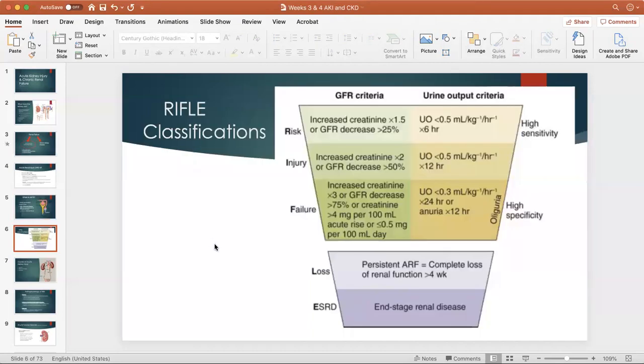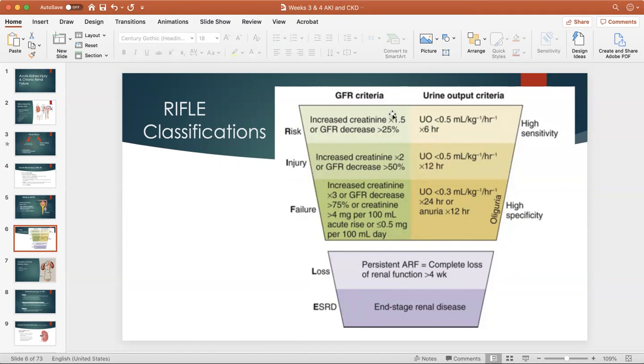The last slide I wanted to show you in this video is just this quick RIFLE classification. Basically this is giving you the levels of injury, I guess. So you have risk, you have injury, you have kidney failure, now you have kidney loss, and this is end-stage renal disease, right?